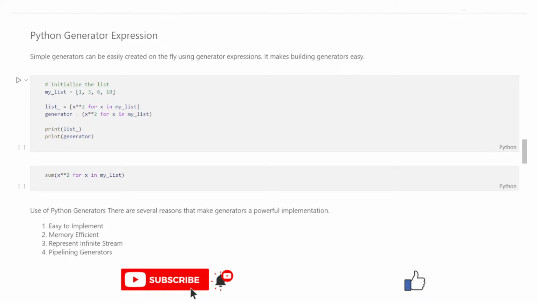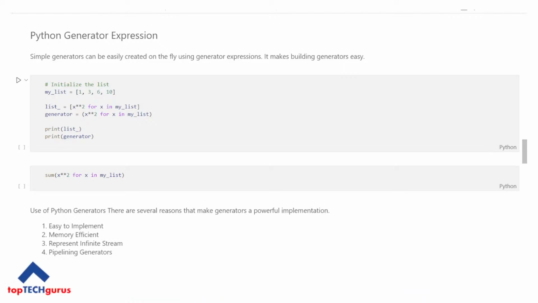These are simple ways to write generators, and they're slightly different from the list comprehension we saw earlier because they're even more memory efficient. The list comprehension that we saw was a better approach compared to the conventional approaches. But we can use generators wherever we can.